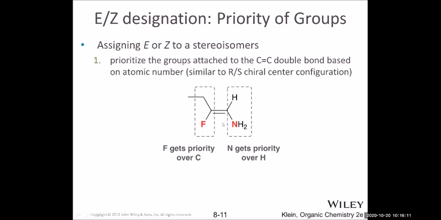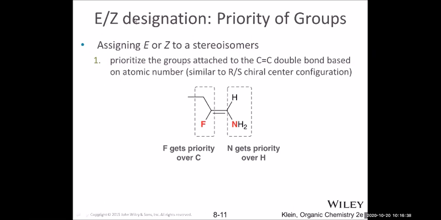Nitrogen, of course, has higher priority than hydrogen. After we decide the priority, we see the F and N on the same side of the double bond. If you apply the hydrogen, that would give us cis. The EZ system is more generalized.